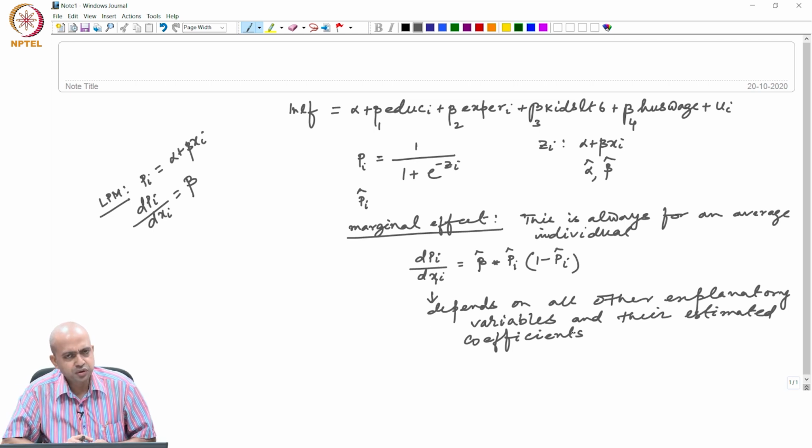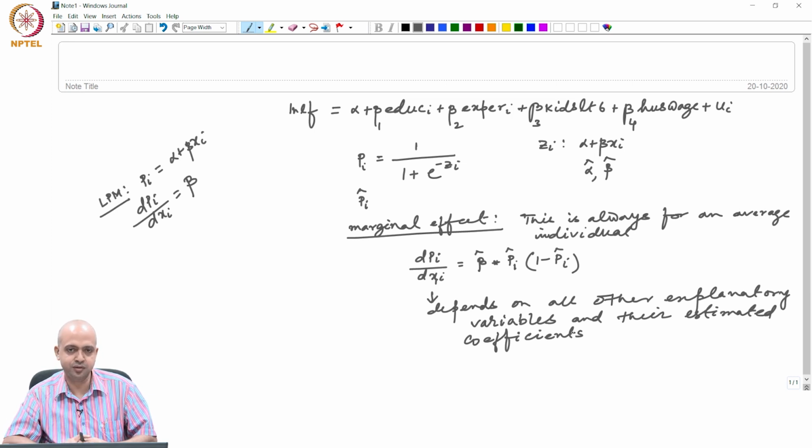Now suppose I don't want that type of marginal effect. That means I don't want the marginal effect for the average or representative individual who is an imaginary person. Rather, I want to calculate the marginal effect for each and every individual, and then I can take the average of those marginal effects.